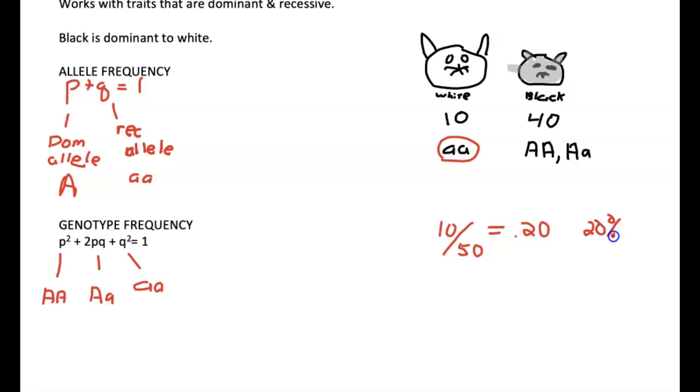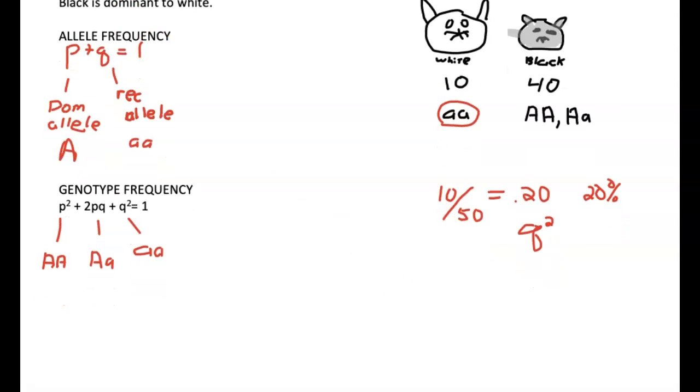So 20% of my population is little a genotype. That is the same as saying q squared. So this is my genotype frequency.